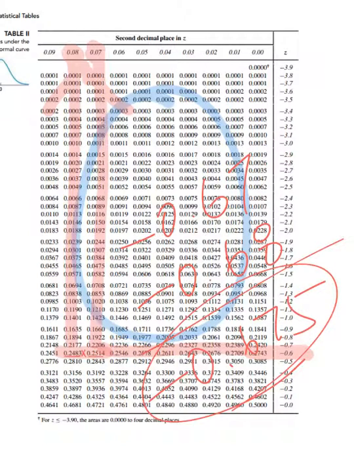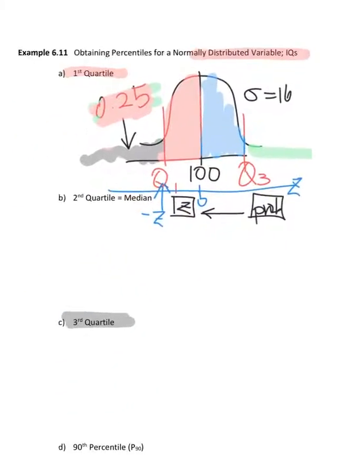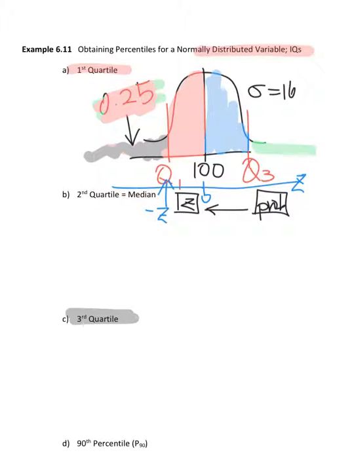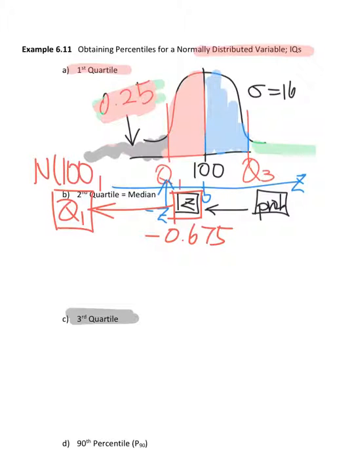Let me go back. We took the z-score, negative 0.675. But it is not the answer, because the first quartile must be based on the normal distribution with mean 100 and standard deviation equal to 16, not the standard normal distribution. So we have to go back.